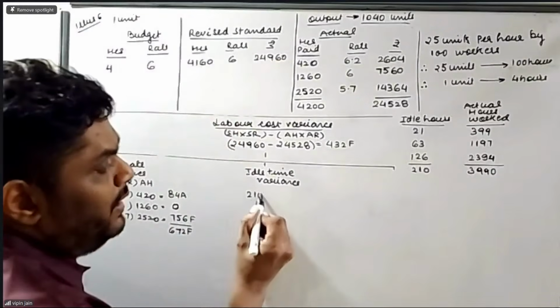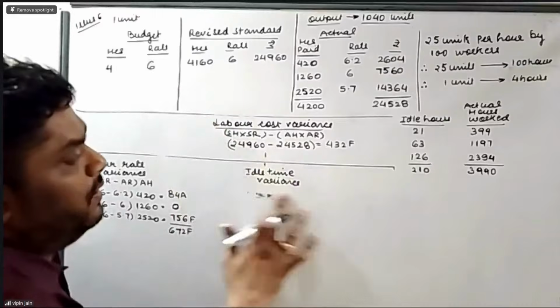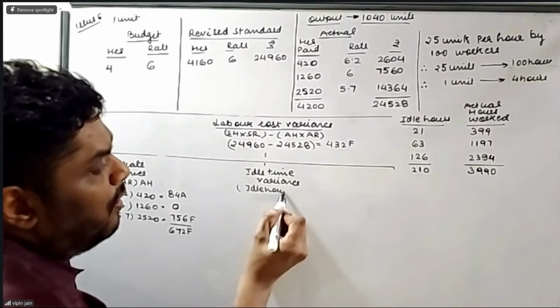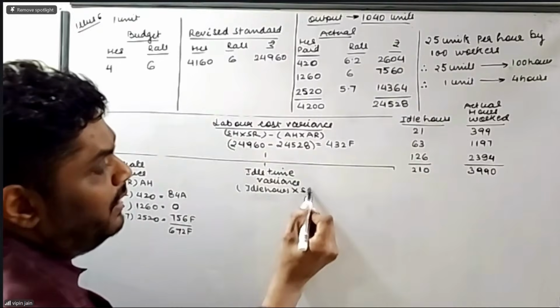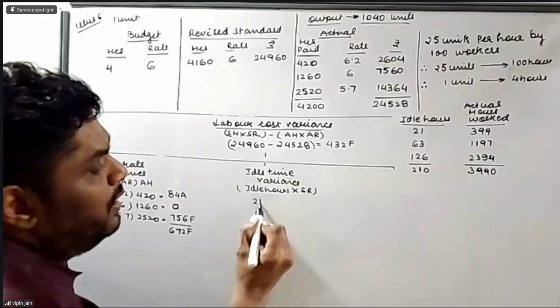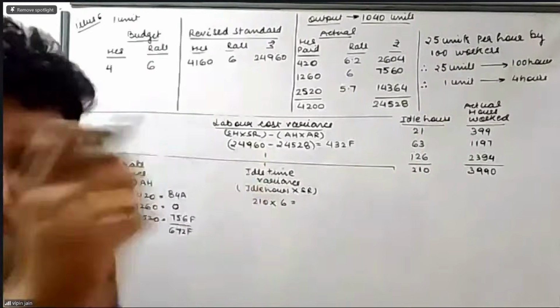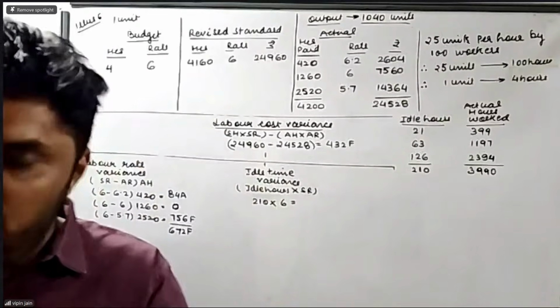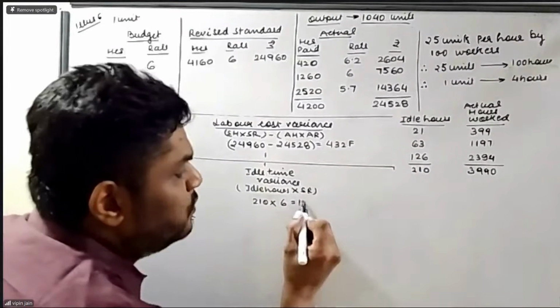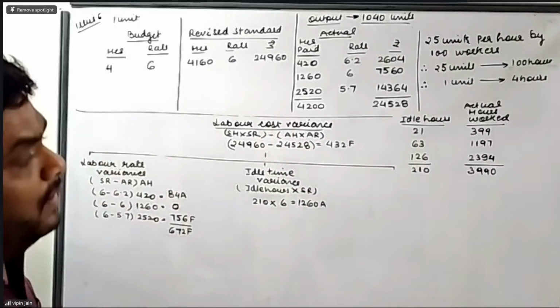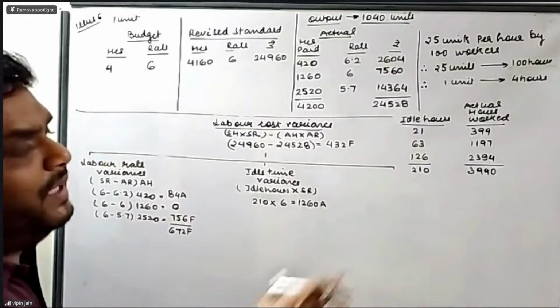So 210 into, sorry, idle hours into standard rate. So 210 into 6. Since it's a loss to the company, this variance will always be adverse. 1260 adverse, right? Now next, Meg, what will be the last variance?